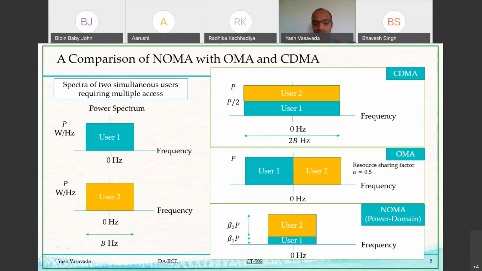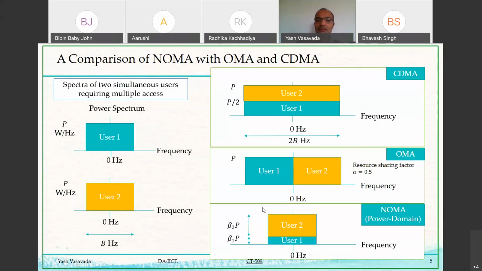And so if I build a wall saying that my multiple access cannot leverage the channel coding, then yes, I am probably forced to go with either CDMA or OMA.